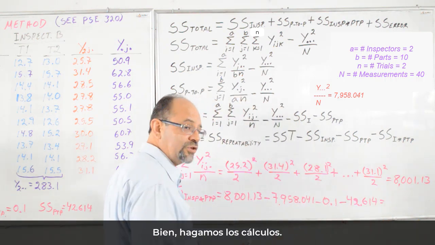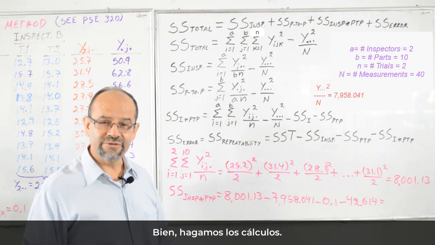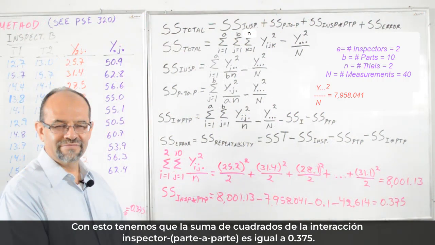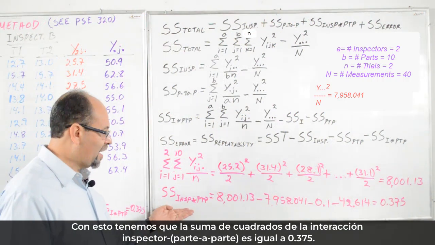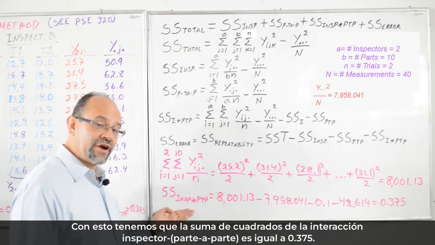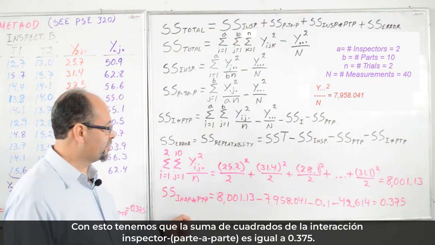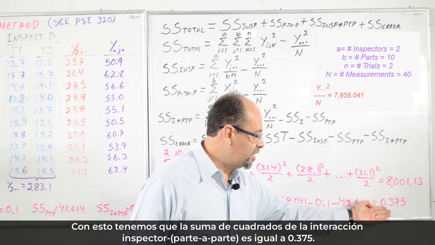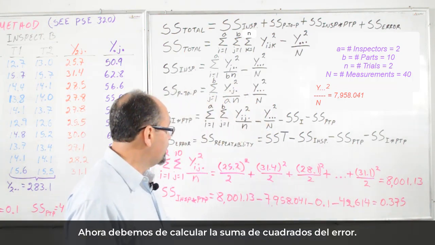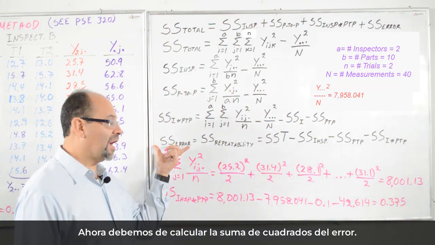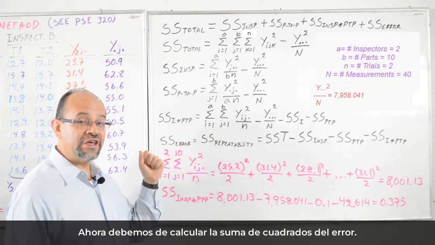And that is equal to, let's do the calculation. With that, we are having the sum of squares of the interaction inspector part to part, which is 0.375.